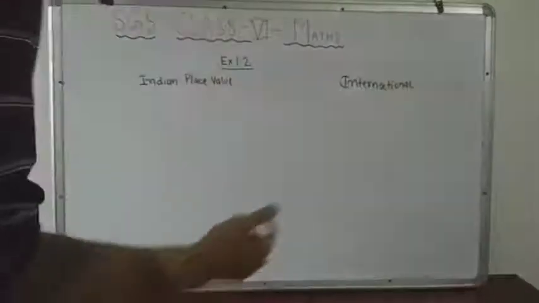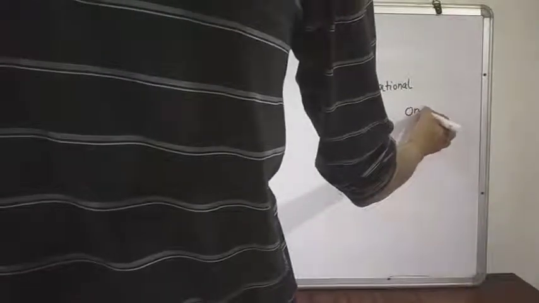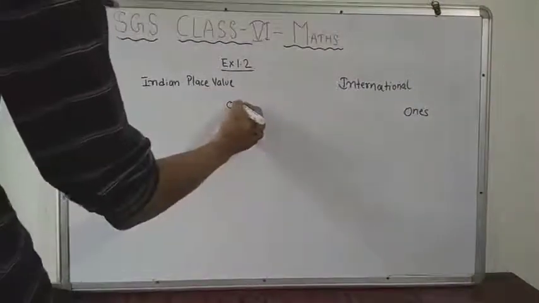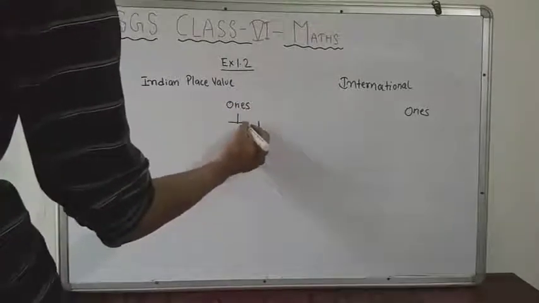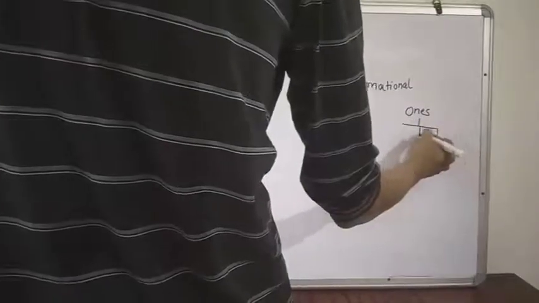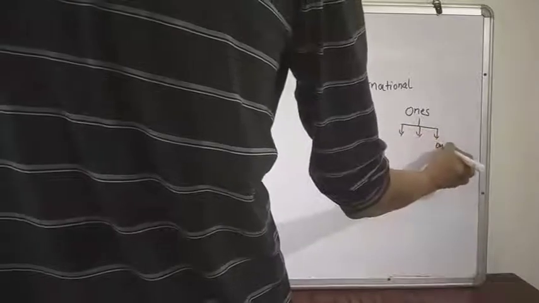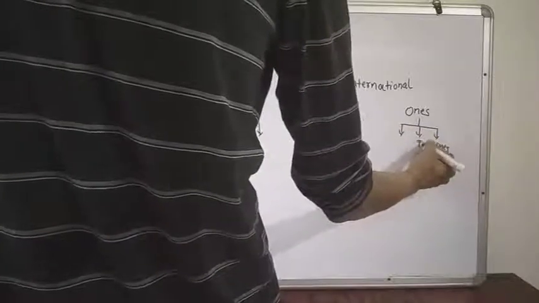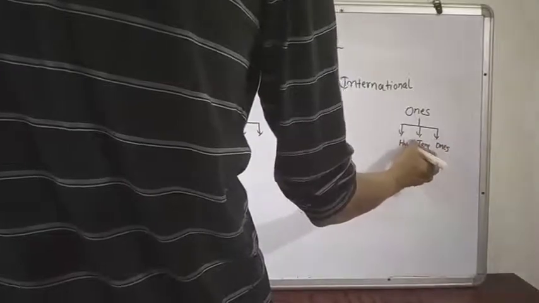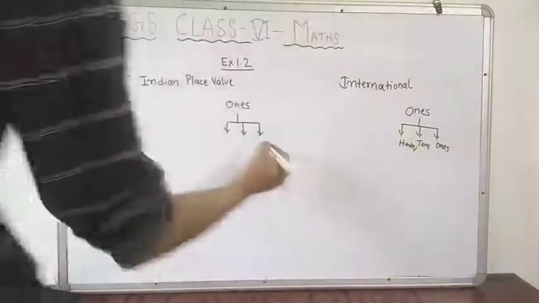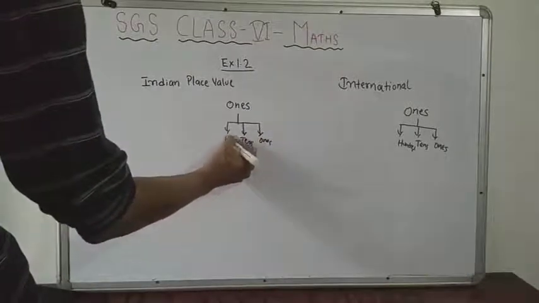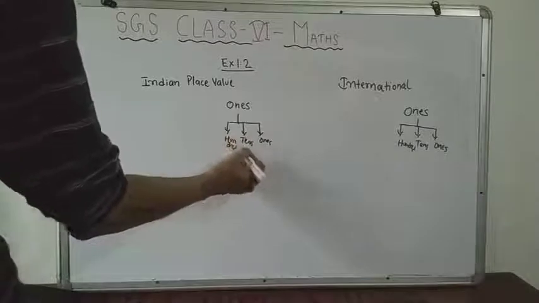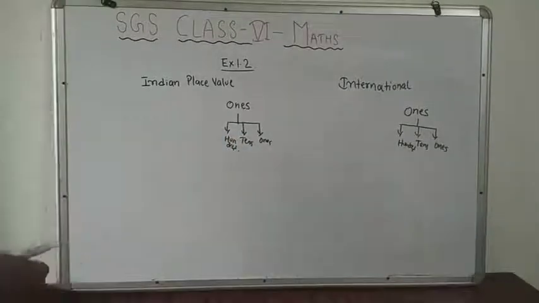In both place value charts, the ones place is present in both cases, and the ones are divided into 3 groups. You already know what the 3 groups are. The first one is called ones, the second one is called tens, and the third one is called hundreds.